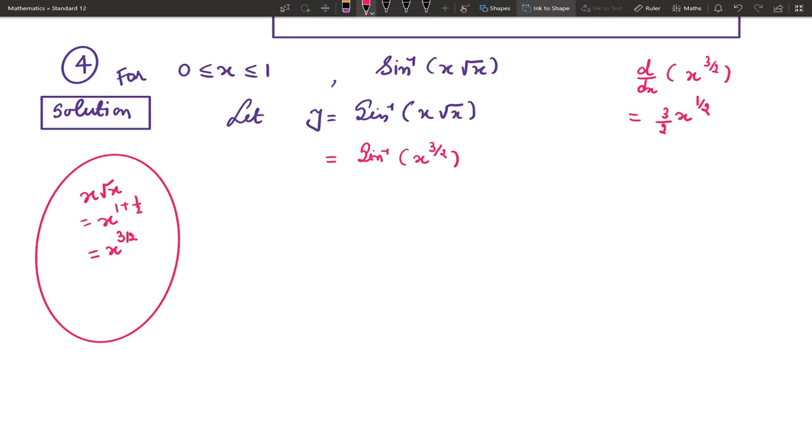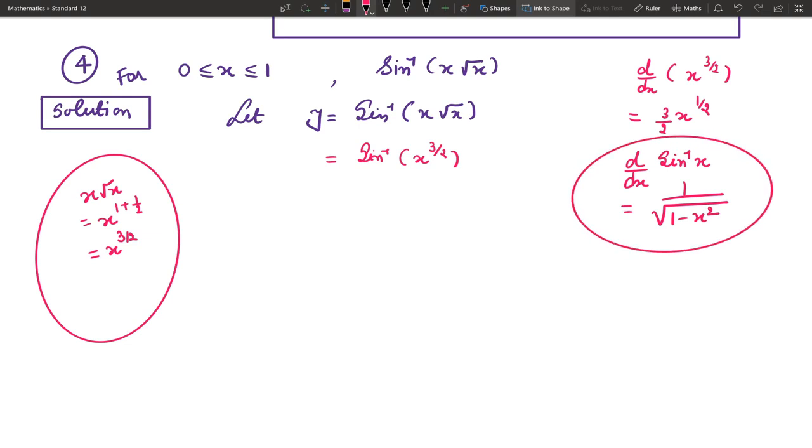And second thing is, we have to use this formula, d by dx of sin inverse x equal to 1 upon under root 1 minus x square. So first we will use this formula, and then when we use chain rule, on that time we will use this one.